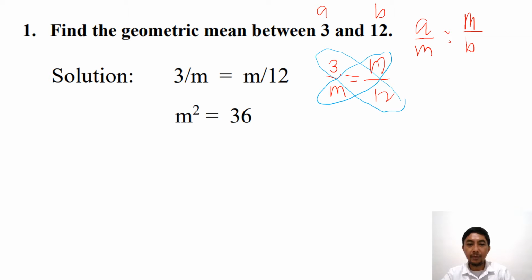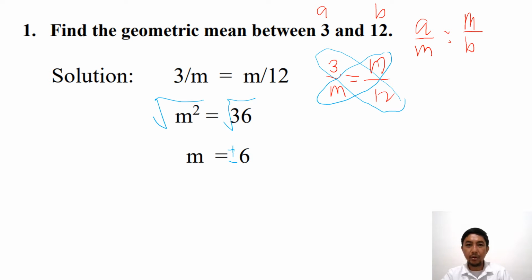Then if we get the square root of both sides, we have m equals 6. But in fact, this is plus or minus 6. So therefore, the geometric means between 3 and 12 are negative 6 and positive 6. So there are two values for m.